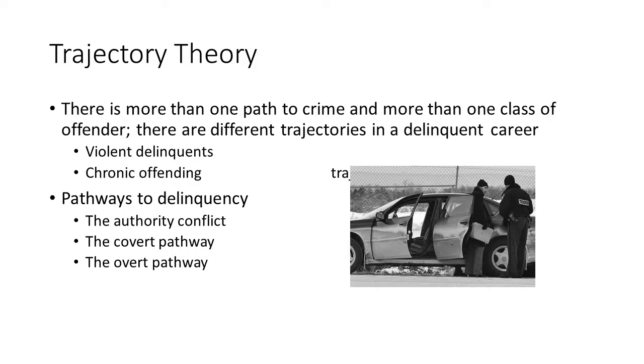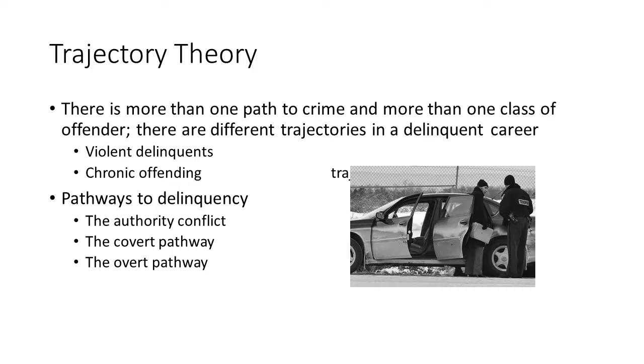Delinquents follow this path quickly. It progresses to acts more like property damage, starting fires, vandalism, and that happens around 11 or 12 years old, followed by moderate and more serious forms of delinquency.